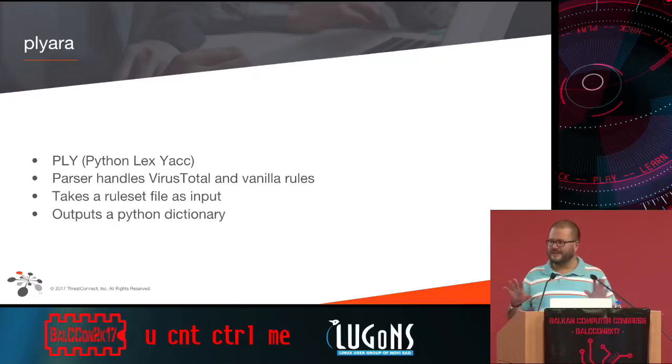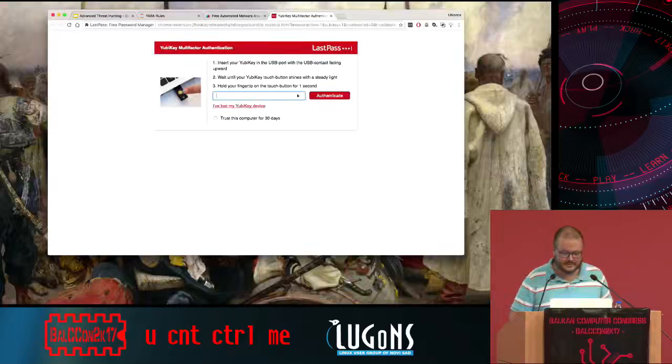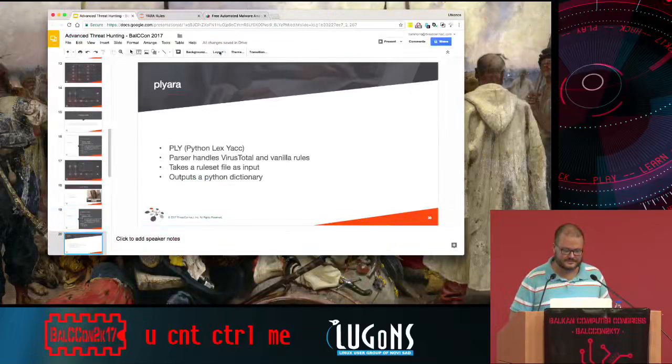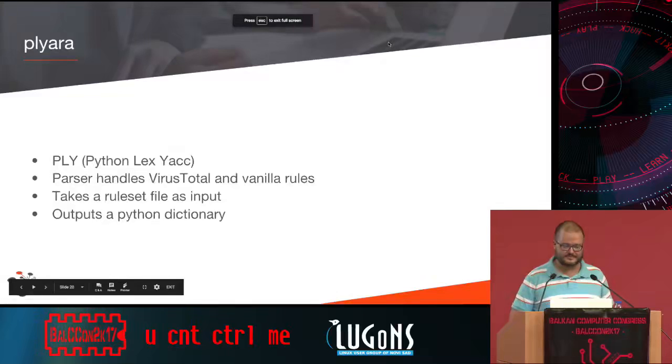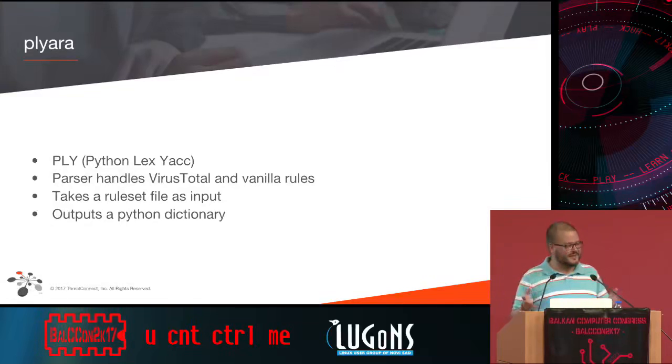If you use YARA, you probably use yara-python. Yara-python is awesome. It does compile the rules and it lets you look at all the different components, but yara-python can't compile the ones that you deploy at VirusTotal. So I needed to go find a different tool.